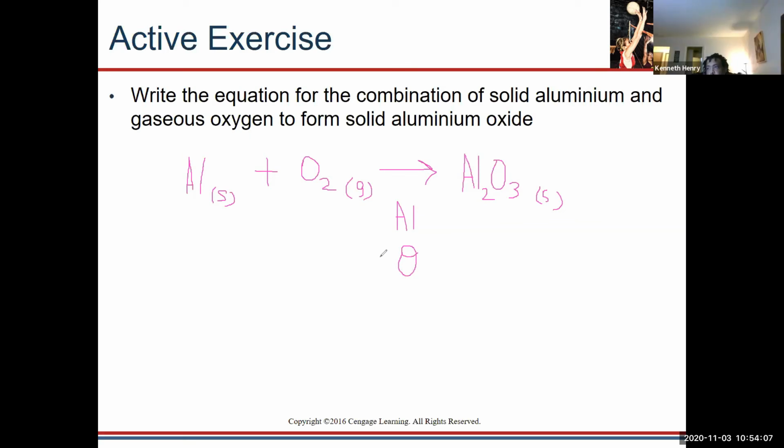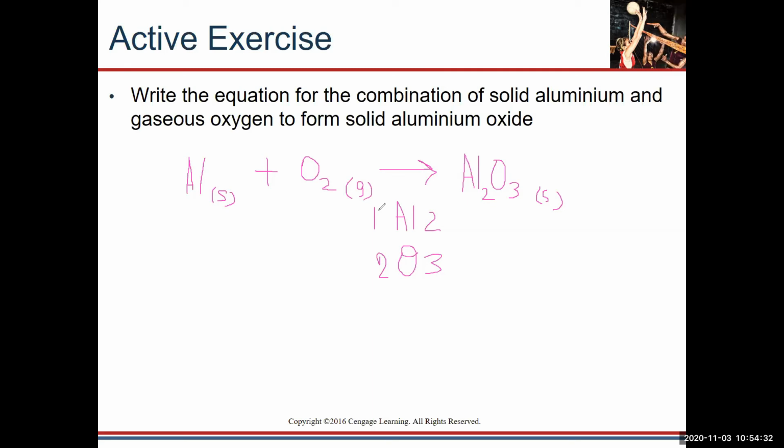Okay, so we have 2 oxygens on the reactant side and 3 oxygens on the product side, and we have 1 aluminum on the reactant side and 2 aluminum on the product side. So how am I going to balance these out? We're going to put a 2 in front of the Al.